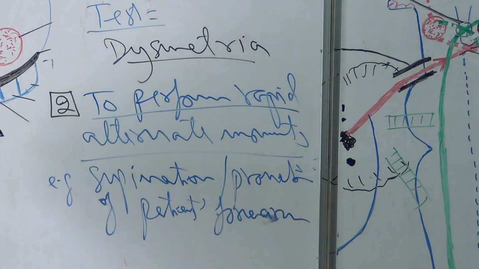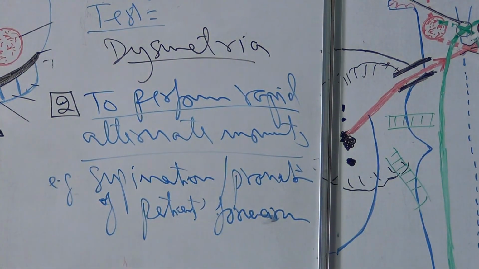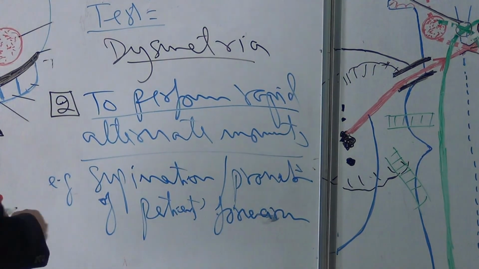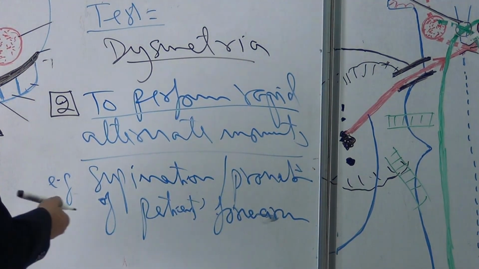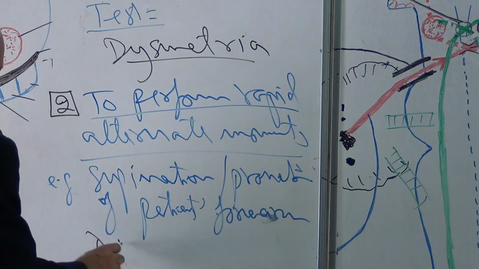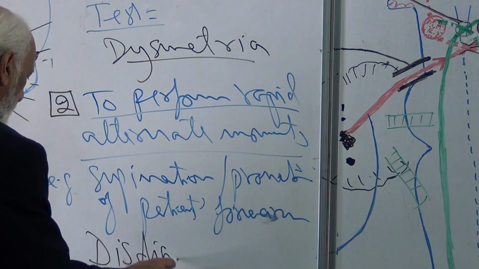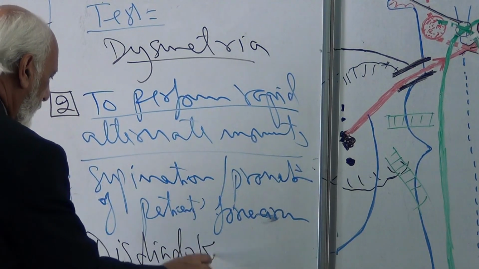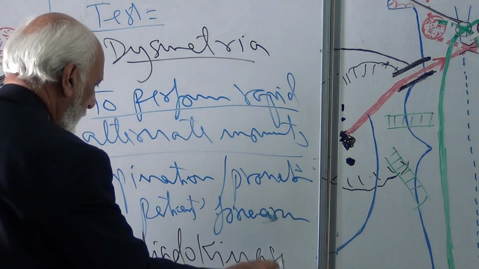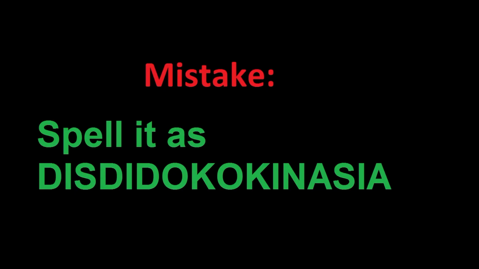So when the patient fails to perform these rapid alternate movements, it is known as dysdiadochokinesia.